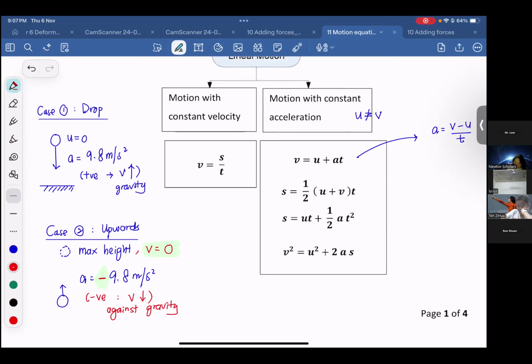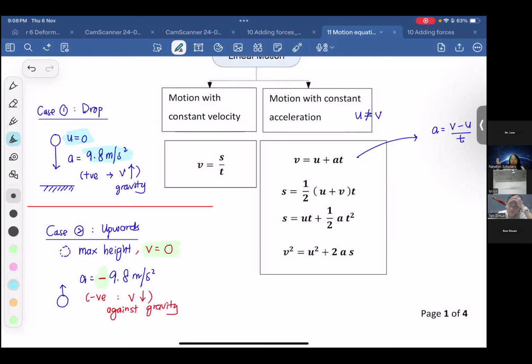Okay, for these 2 cases, do any of you have any question you want to ask me? Before we proceed to the question and try, these 2 pieces of information we have to know. Why is acceleration negative? Negative acceleration means decelerate. Decelerate means what?